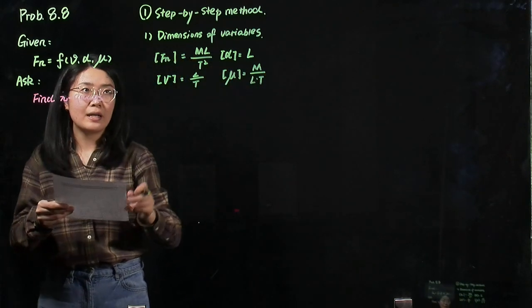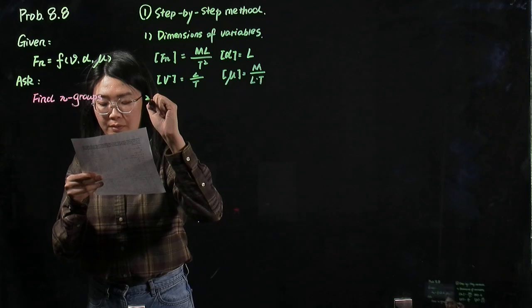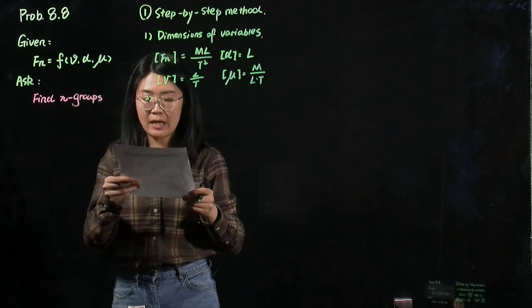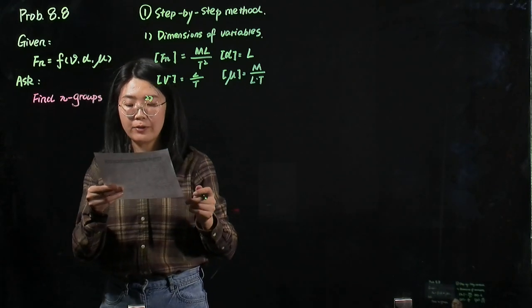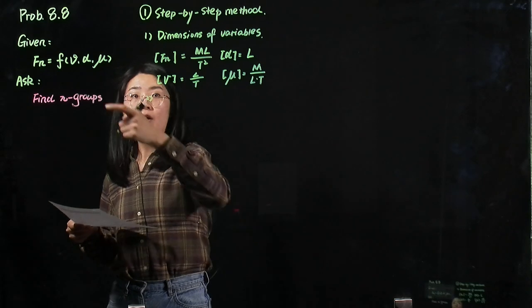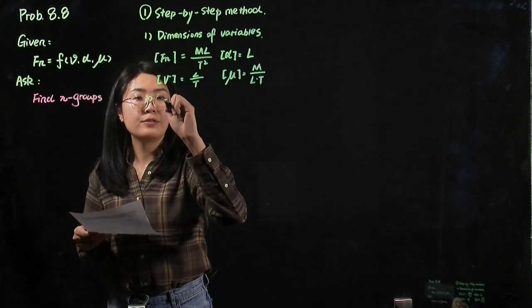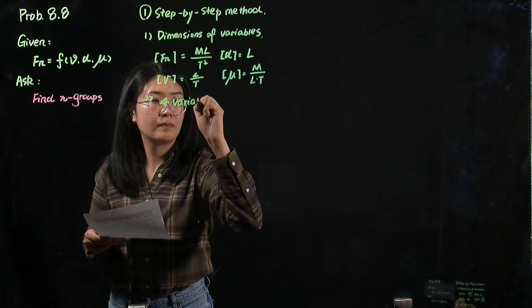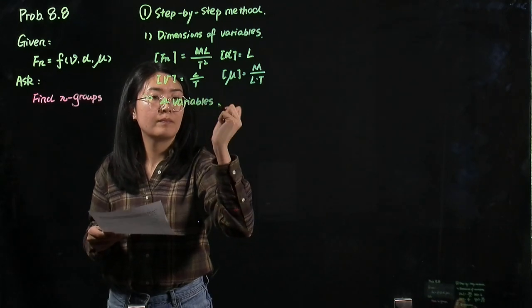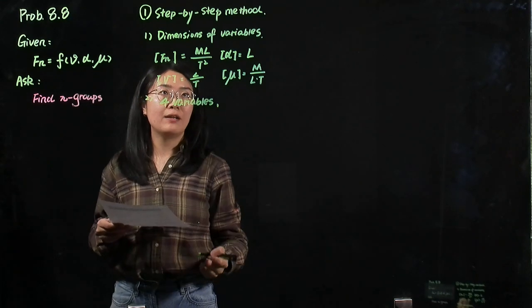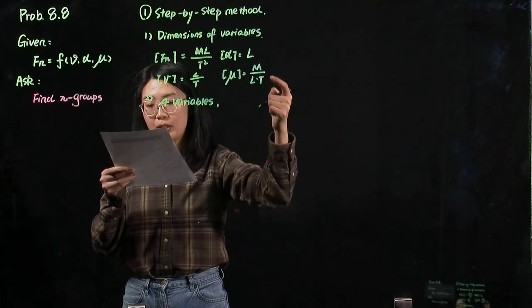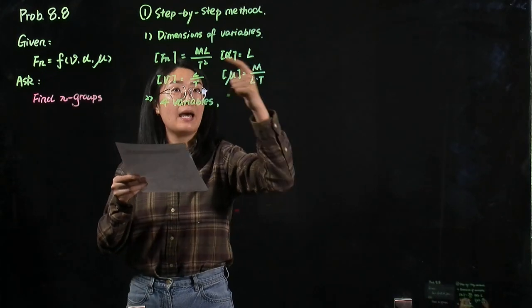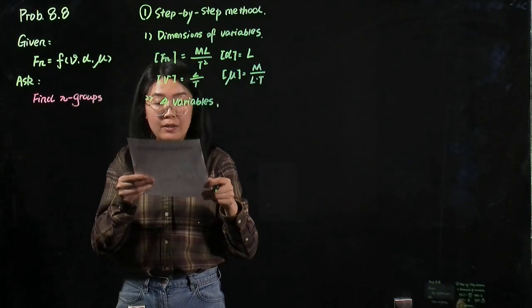And then in the second step, we determine the number of pi groups. So we have 4 variables here, and we have 3 dimensions, which are M, L, and T, right?